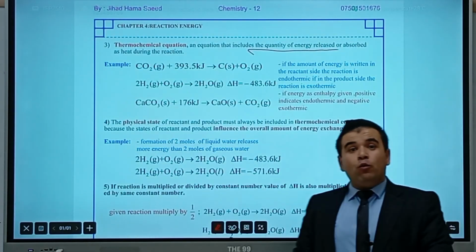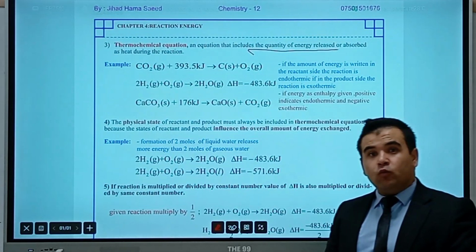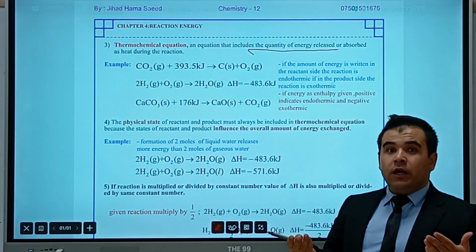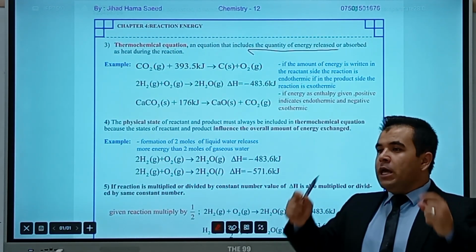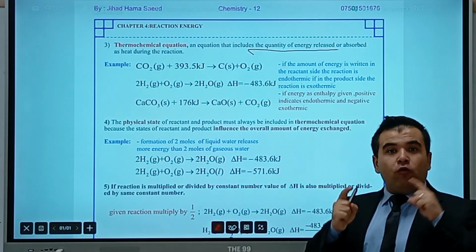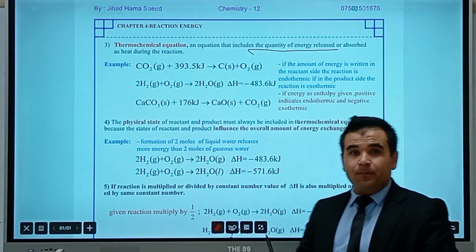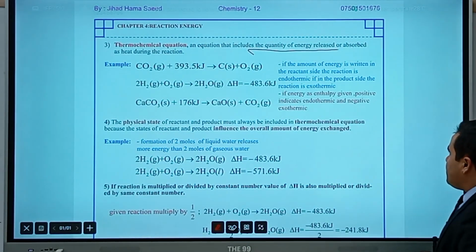So whenever we write the thermochemical equation, and from now on we'll write the equations in this form, we have to mention the heat of the reaction, whether it's positive or negative. We have two ways to represent that.